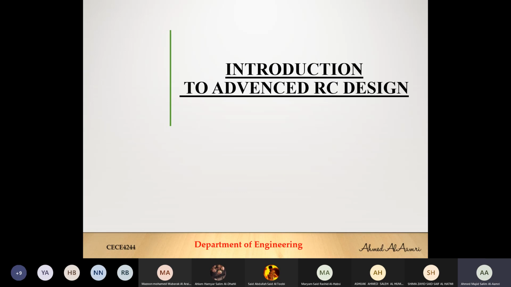Now, one thing to be taken into account: there is a handout and there is a presentation. The handout that I'm going to give you is not only a handout for Advanced RC Design. It is going to be a recap of whatever you have studied in Design of Structures 1. It has a lot of solved problems, a lot of things from Advanced RC Design, and a lot of things you will require for your project, like analysis and design of staircase, and analysis and design of lateral loading, including seismic and earthquake.